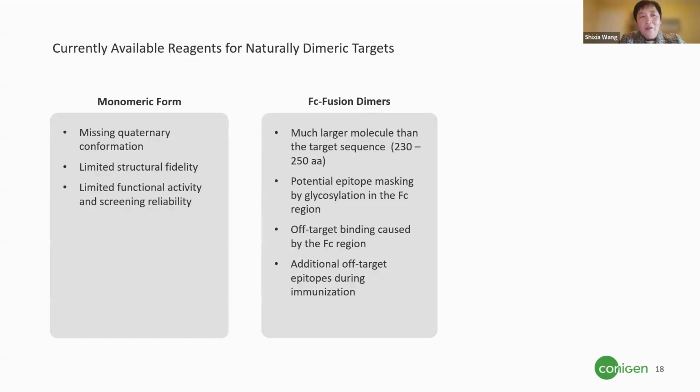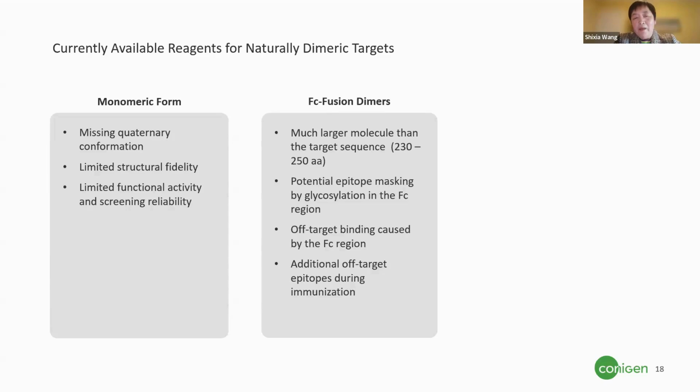So what kind of reagents are available? For those proteins, the products on the market are mostly monomer forms. These monomer proteins lose the quaternary structure conformation of dimer proteins, which limits their function and structure fidelity. Another form is the Fc fusion dimer.